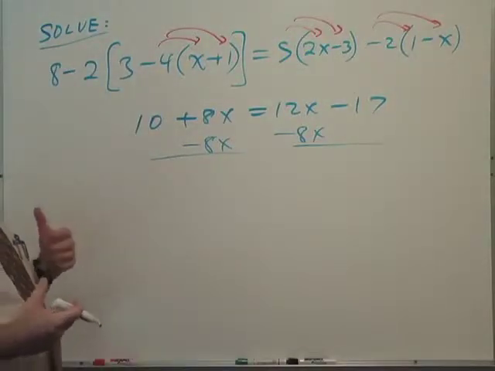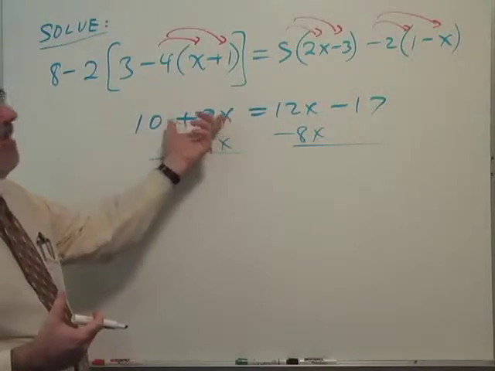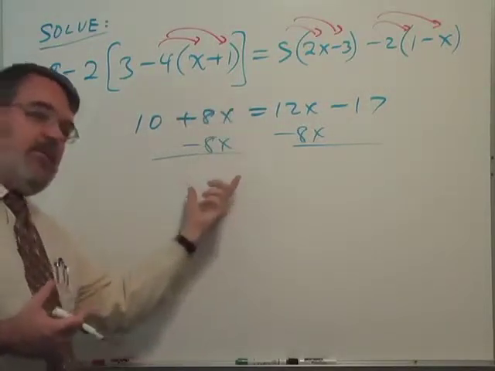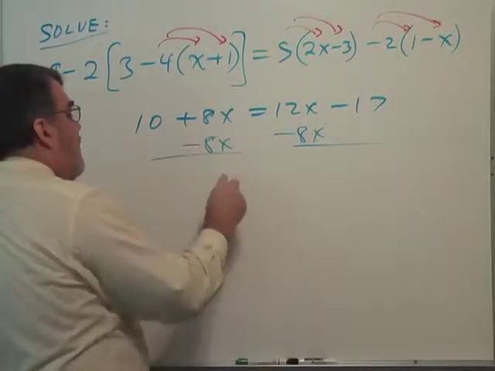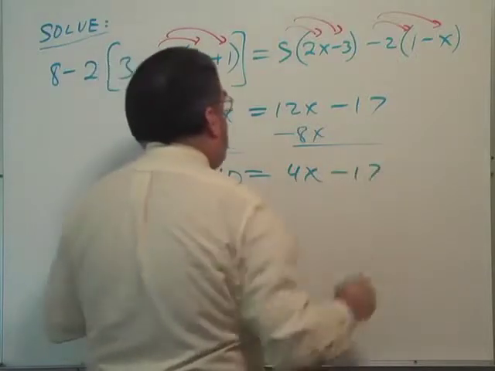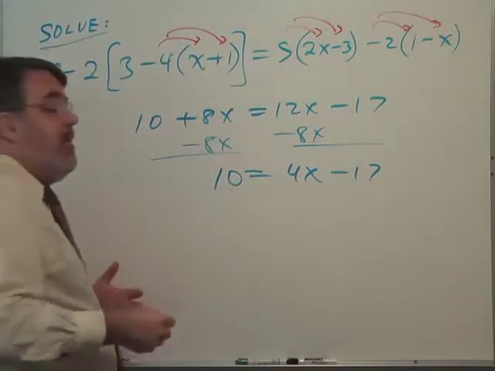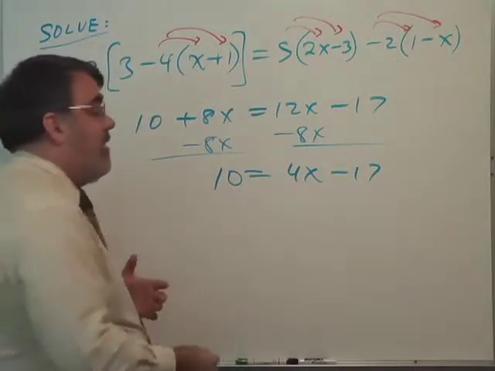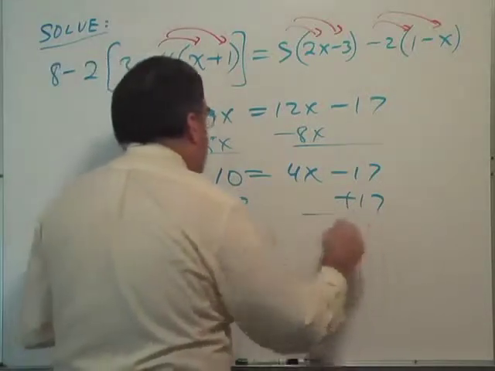And we undo things by doing opposites. 8x is added here, so to undo it I have to subtract. That cancels these, leaving just the 10. 10 equals 4x minus 17. And then let's isolate the x by getting rid of the negative 17, and the opposite of minus 17 is plus 17. So I have 17 on both sides.